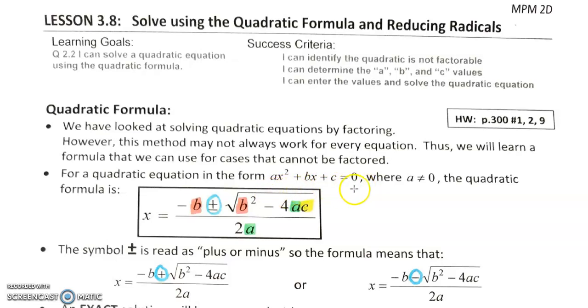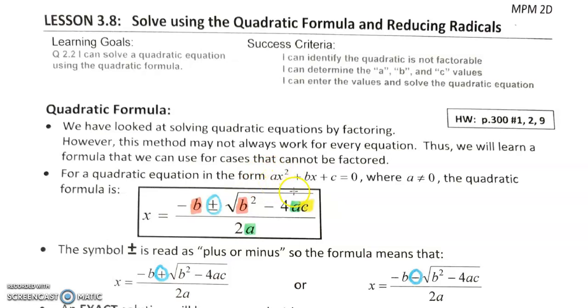When your quadratic equation is in the right order and it equals 0, then you can identify your a, your b, and your c. So your a value is the number that is in front of the x squared. Whatever that number is, I don't really care about the x squared, I just care about that number.